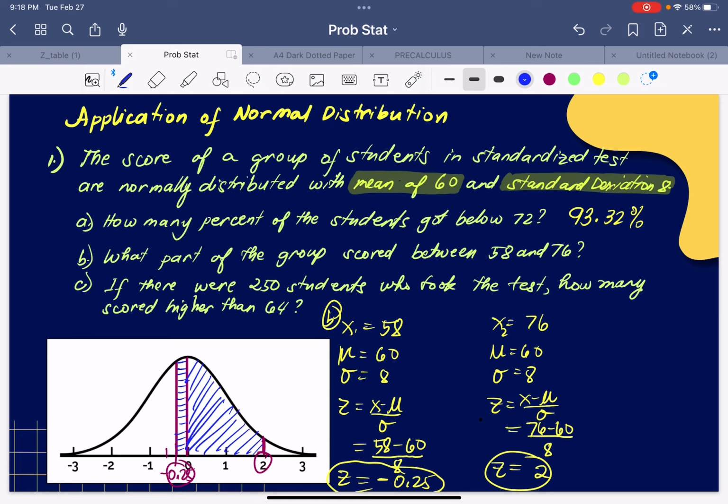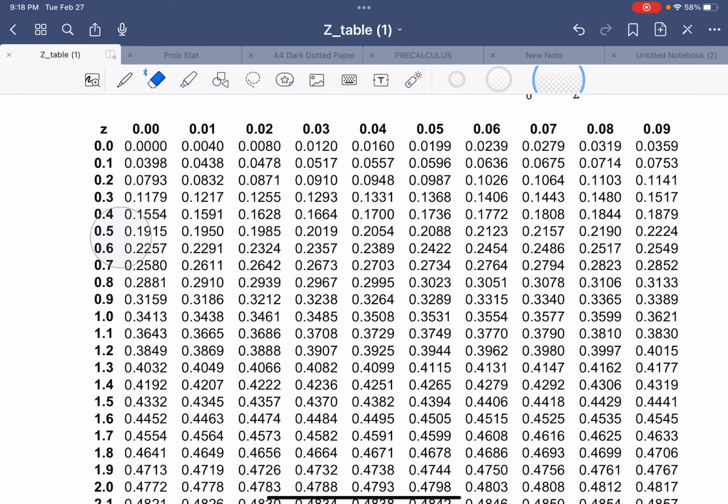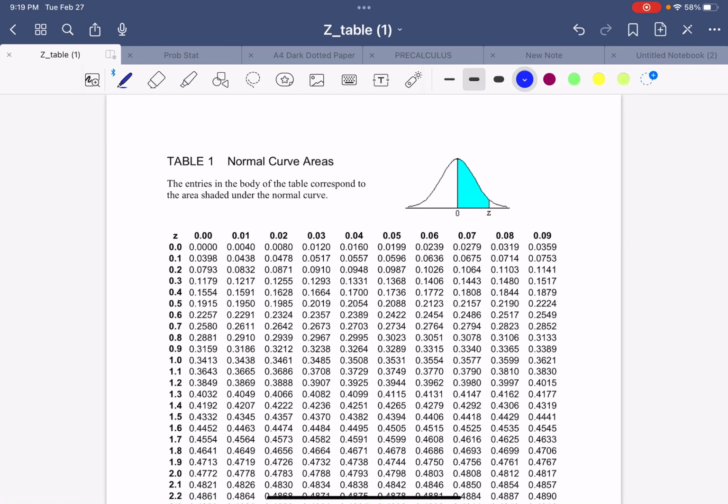Okay, so we're going to add the area of this and the area of this. Using the table, we have 0.25.